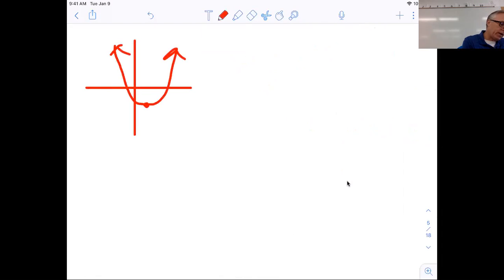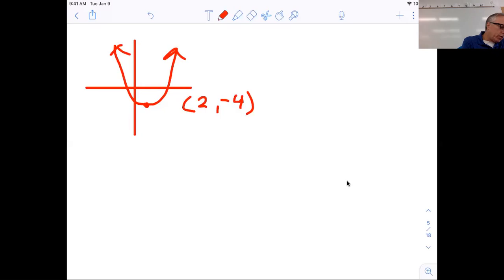And let's say the vertex of the parabola is here at, how about 2, -4. Now, the nice thing about the vertex of a parabola is it tells me a lot of information about it. First, that's the bottom point. So that's going to be a boundary point for our range. Remember, the range is the output values.